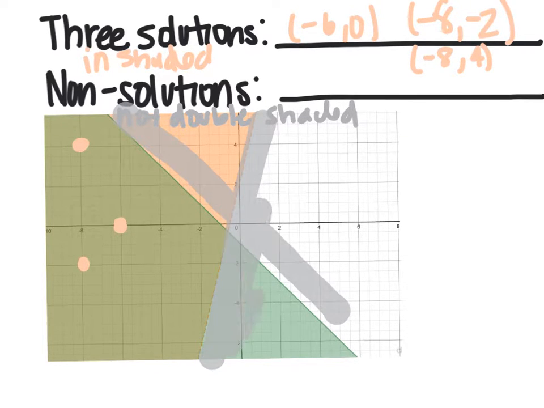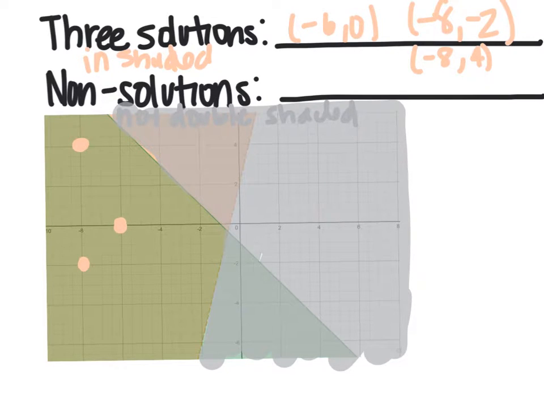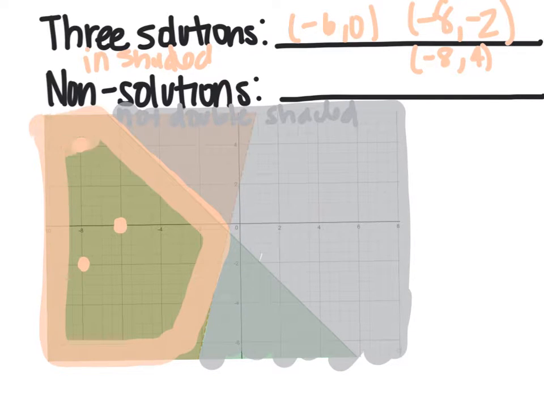Any of this would be not solutions because all of this is the part where the graph is not doubly shaded, and all of this part here would be solutions. So solutions is in the part where they overlap. Non-solutions are everywhere else. The pink is the solutions, the gray is the not solutions.